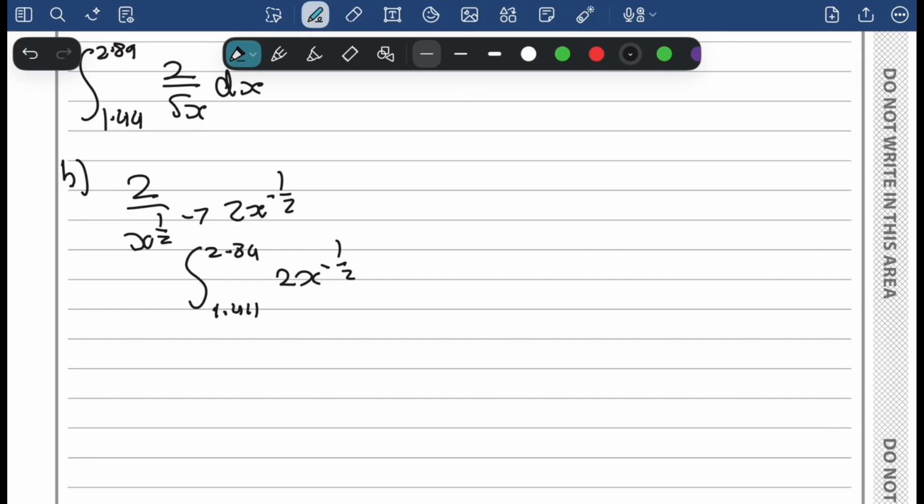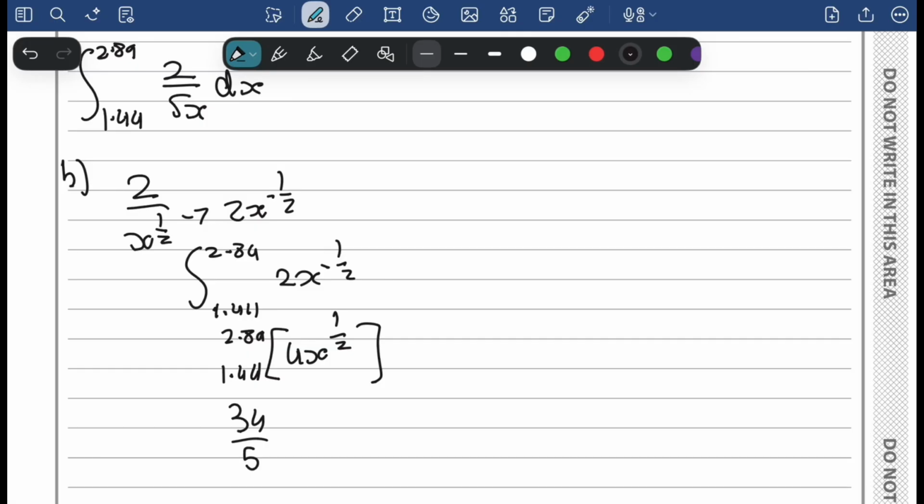And we're going to divide 2 by that, so it's going to be 4x to the power of a half between the two limits of 2.89 and 1.44. So we just do 4 times 2.89 to the power of a half, and we get 34 over 5.